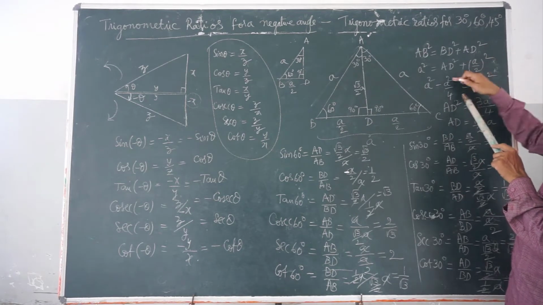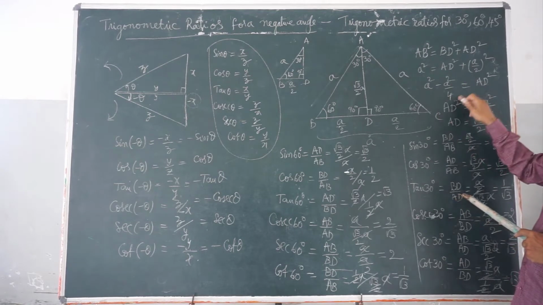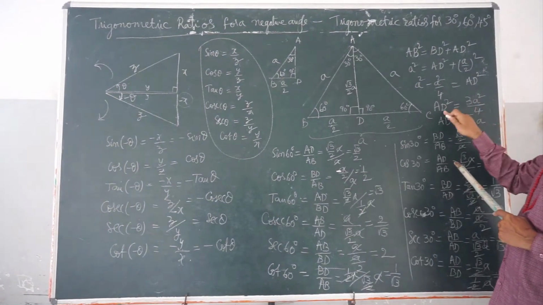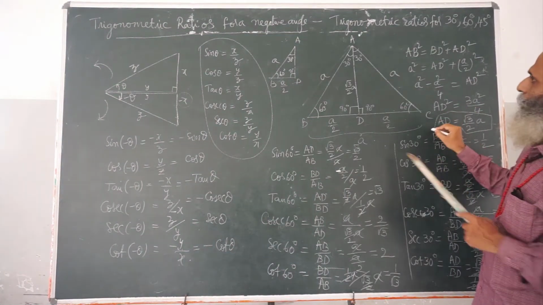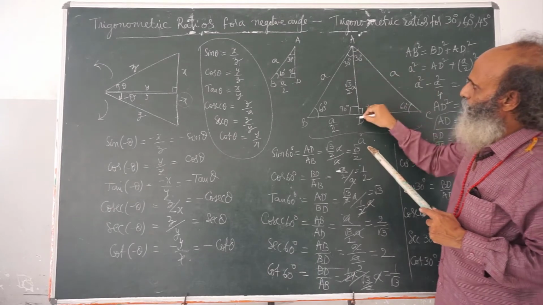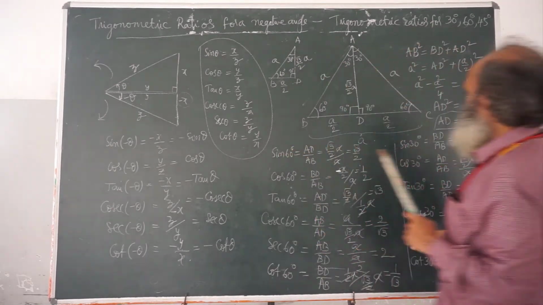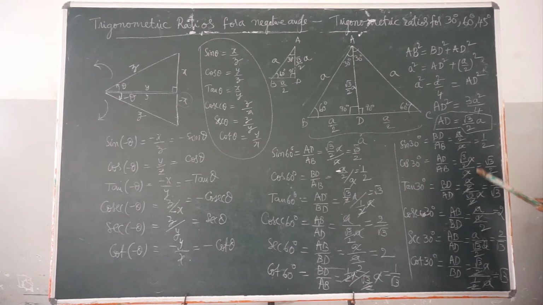A by 2 whole square is A square by 4. Bring this A square by 4 here. A square minus A square by 4, that is 3A square by 4, is equal to AD square. AD is equal to root 3 by 2 A. So this length is root 3 by 2 A. Now cos 30 is AD by AB. AD is root 3 by 2 A by A, A cancelled, root 3 by 2.